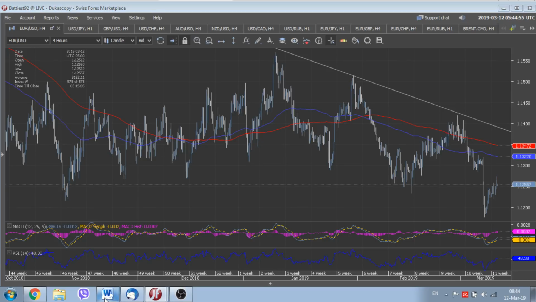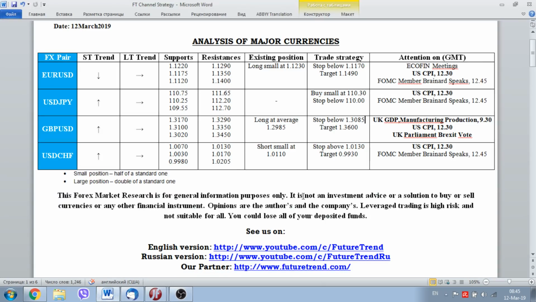If we see some improvement in United States inflation numbers, of course, it should lay the ground for another impulse high in the price of the United States currency. That's logical from an economic point of view.